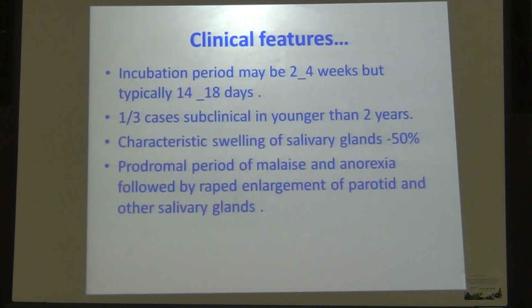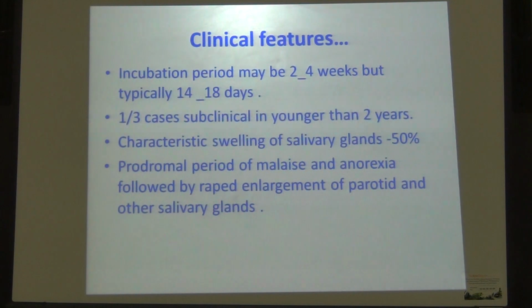Regarding the clinical features, the incubation period is 2 to 4 weeks, but typically 14 to 18 days. One third of the cases appear subclinical, and in children younger than 2 years, sometimes the patient is asymptomatic. The characteristic swelling of the salivary gland occurs in 50% of the patients.